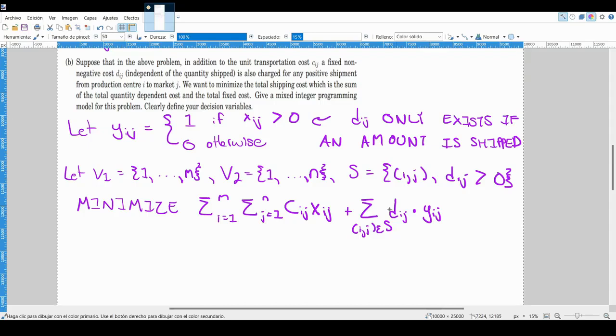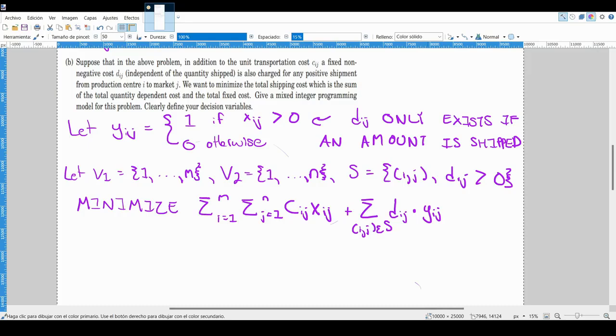So this is basically the fixed cost, and given how we have defined our binary variable, we're only going through the ones where an actual amount is shipped. Because it's fixed, we do not need to multiply it by this value here. So this is our objective function.